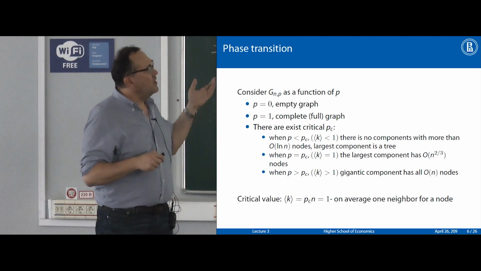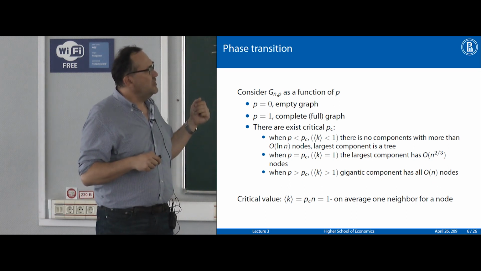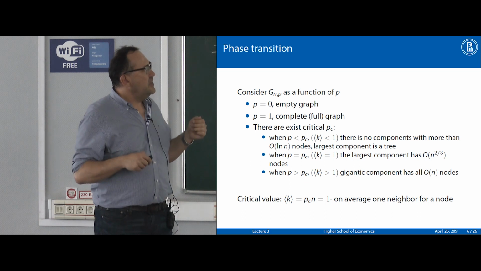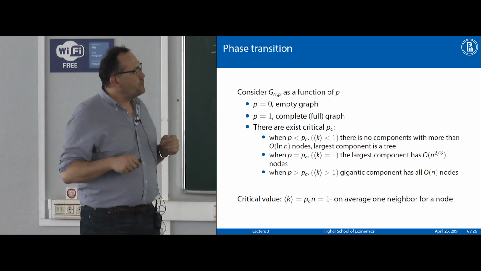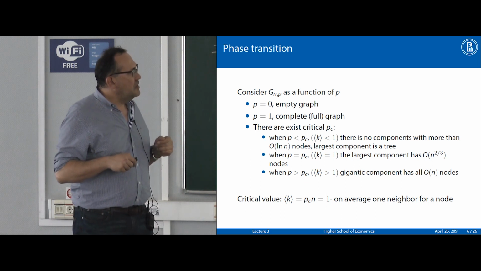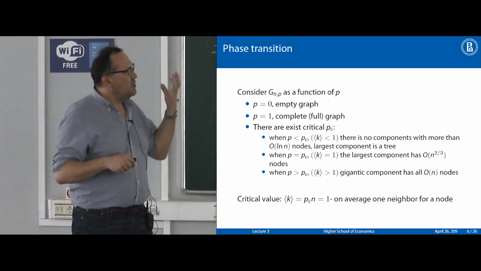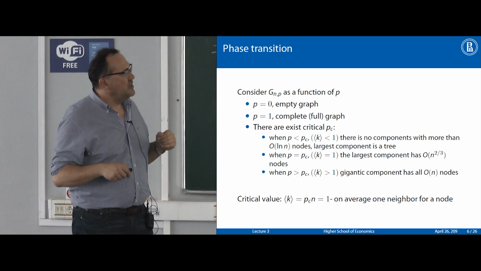And then in between, we're going from this phase where everything is disconnected to where everything is connected. And there are a lot of interesting mathematical properties. When P is less than critical, the maximum size of the component will be on the order of the logarithm of the number of nodes. When it is next to critical, it's going to be n to the 2/3.